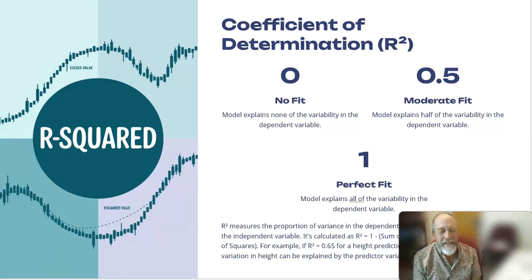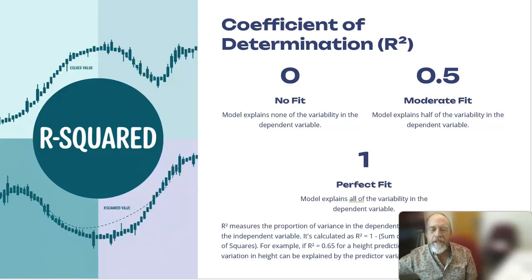That's because you just solved the equation for a line. That's all you just did. A fit of like 0.9 is a really good fit. Moderate fits are about 0.5. Of course, 0 means that there's no fit.